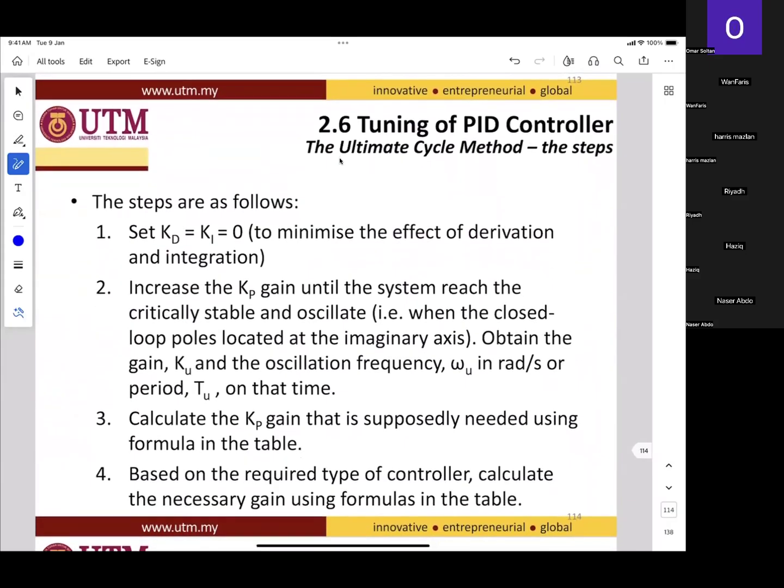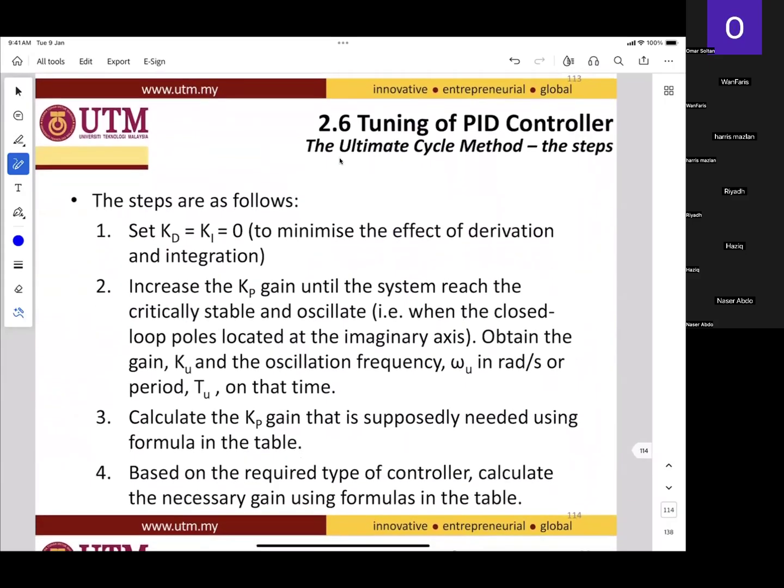The first step is to set KD equal to KI equal to 0, which minimizes the effect of derivation and integration. After that, the second step is to increase the gain Kp until the system reaches critical stability and oscillates.